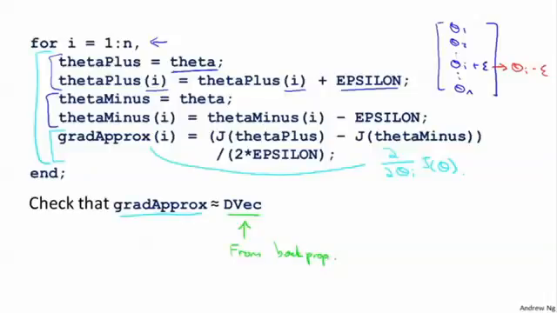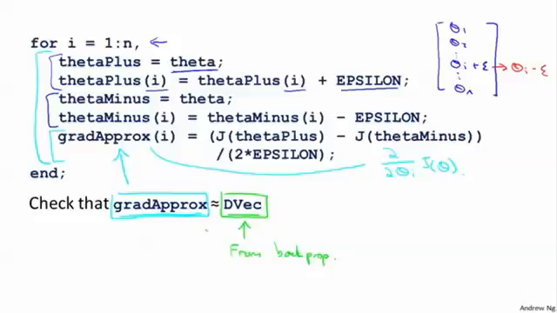And what I usually do is then take my numerically computed derivative, that is this grad approx that we just had from up here, and make sure that it is approximately equal, up to small values of numerical roundoff, to the DVec that I got from backprop.